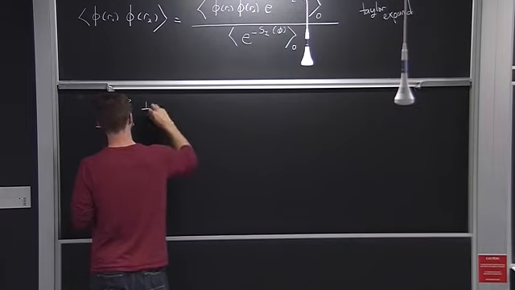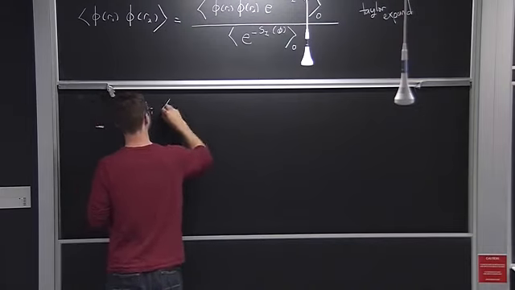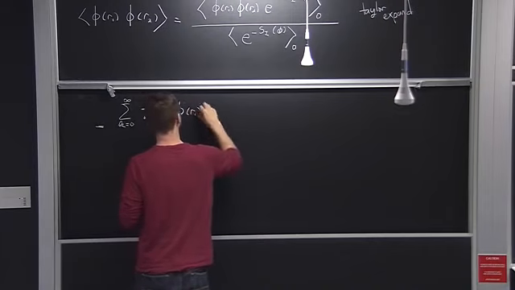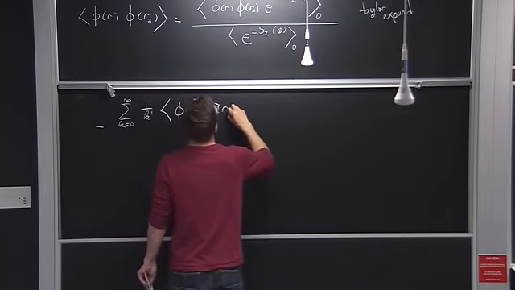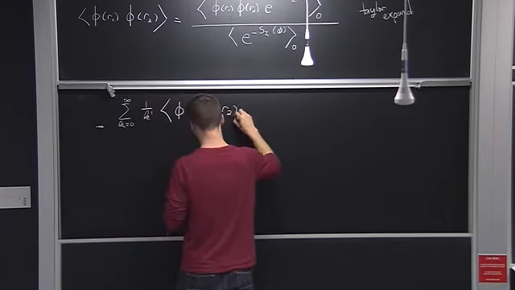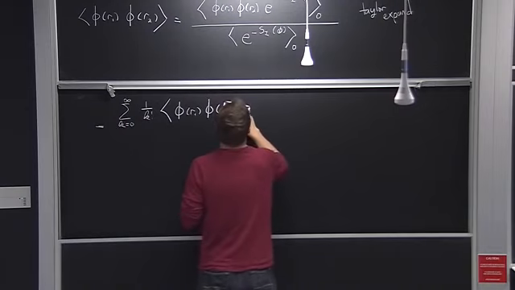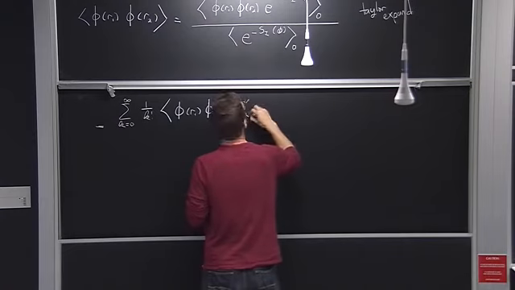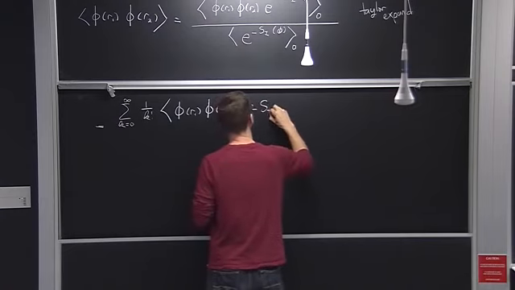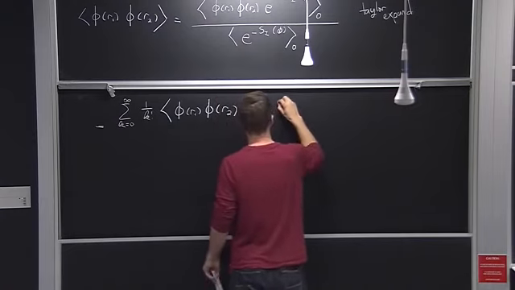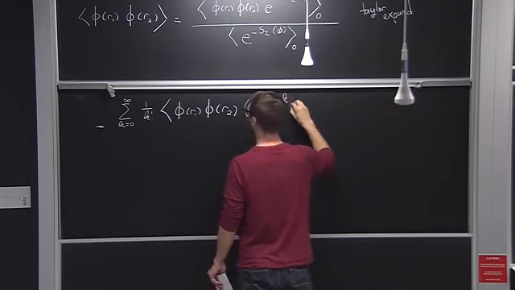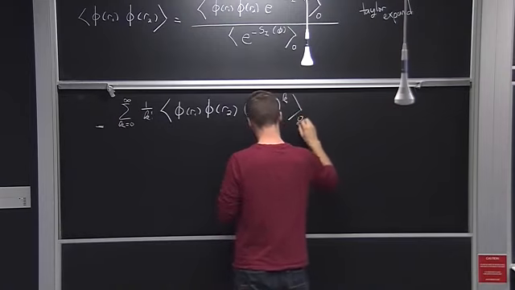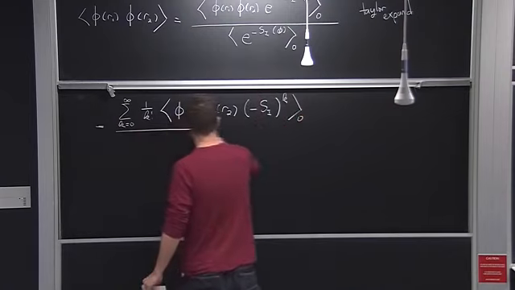In principle, you should take this up to infinity. But good luck. So I've Taylor expanded the exponential: minus S_I, which depends on φ, to the k, Gaussian expectation.